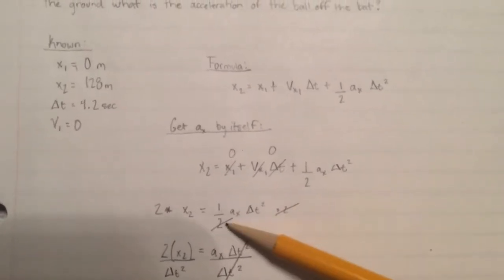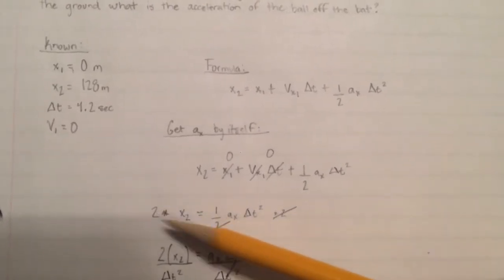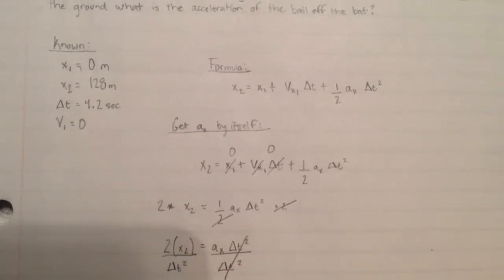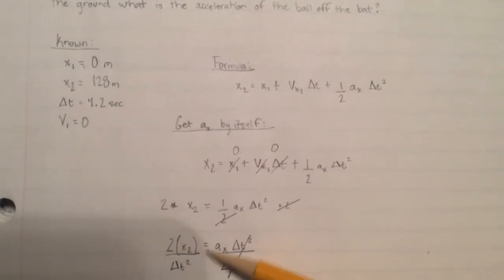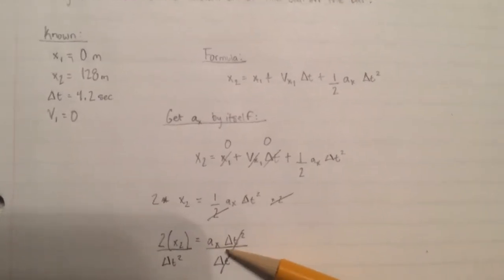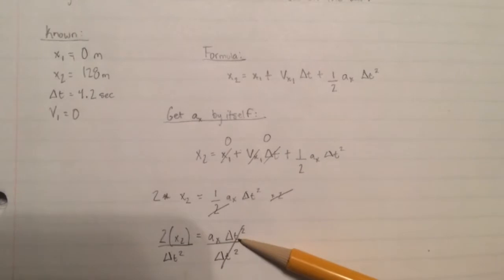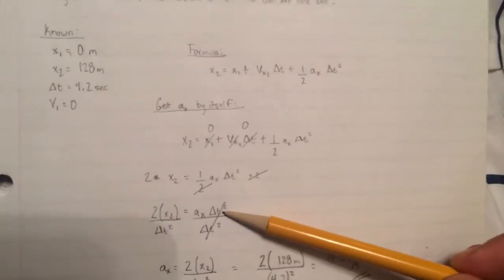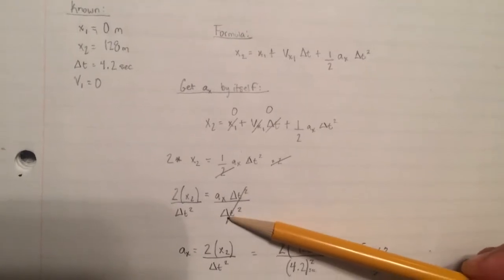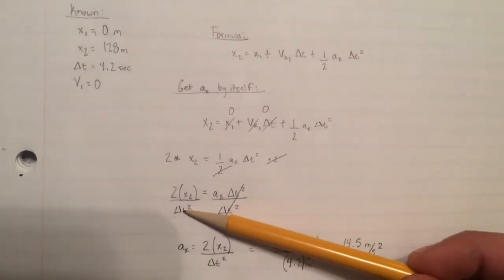We multiply 2 to both sides to cancel the 1/2, bringing the 2 over here. So now it's 2x2, which is your second position, equals a_x times your time squared.